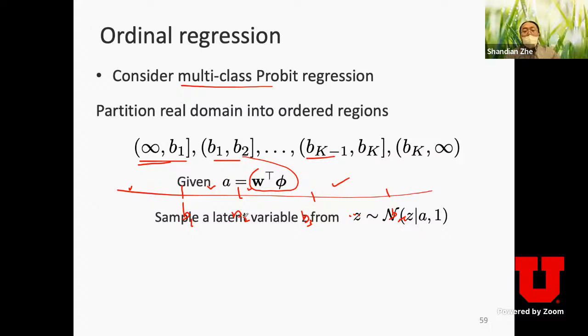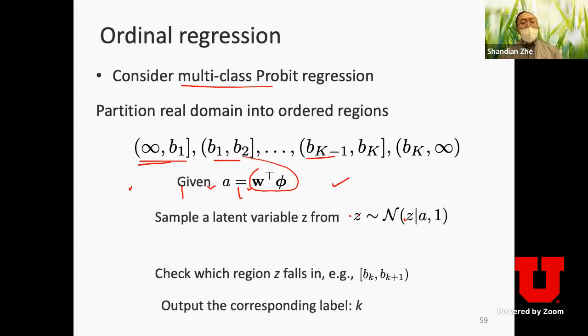Following the probit regression model, we know that it is equivalent to first sampling a latent random variable Z. Then we just check which region Z falls in. If Z falls in the region K, we're going to output the corresponding label K. Because the regions are ordered, the corresponding labels are ordered as well.